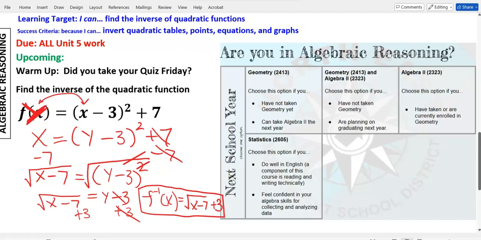So it's f inverse x equals square root of x minus 7, then it stops, and then +3 goes after it. It matters that the square root stops right here because you're not square rooting the +3 part. That matters when you're graphing it, you'll see it shifts it different ways depending on what's under and not under the square root sign.